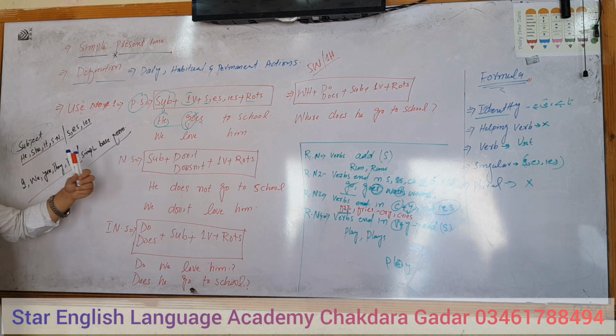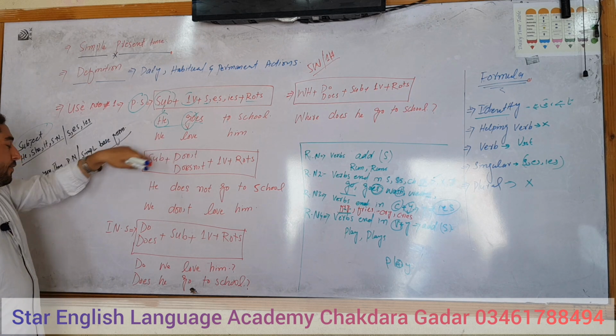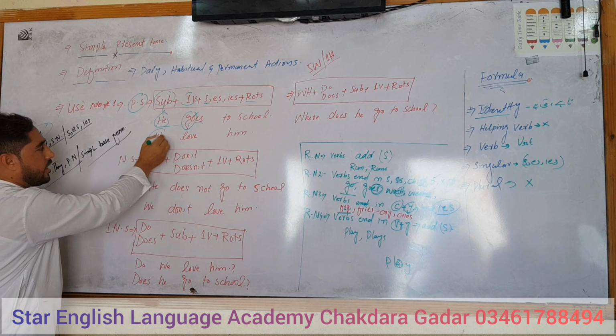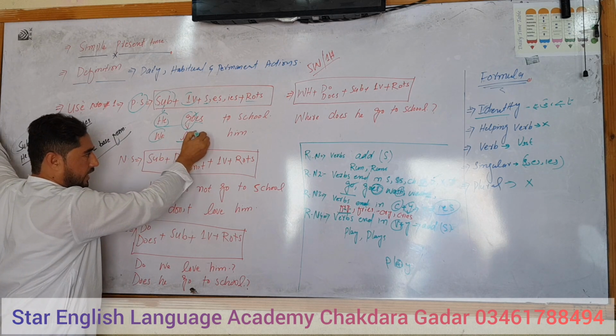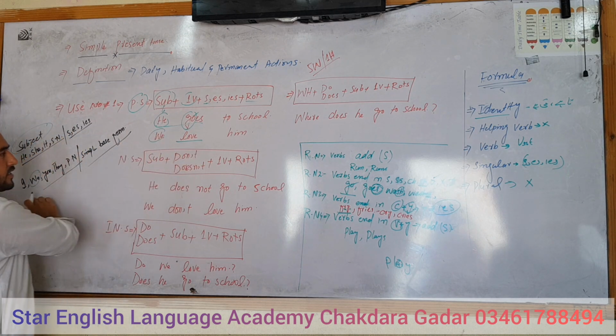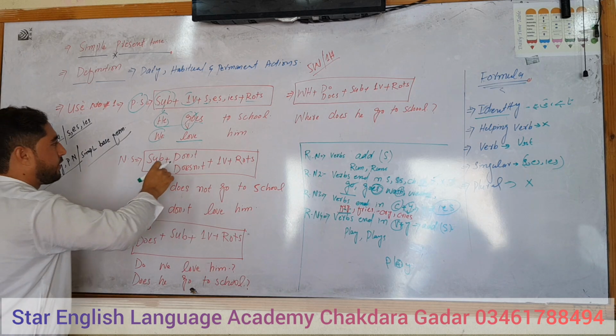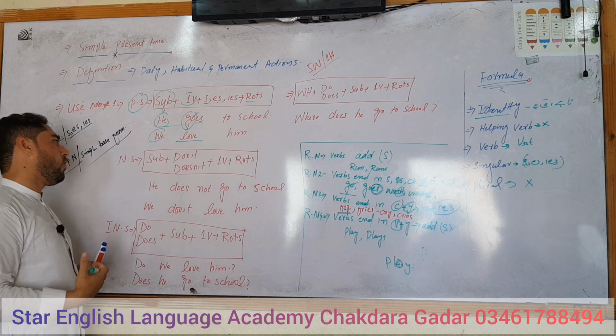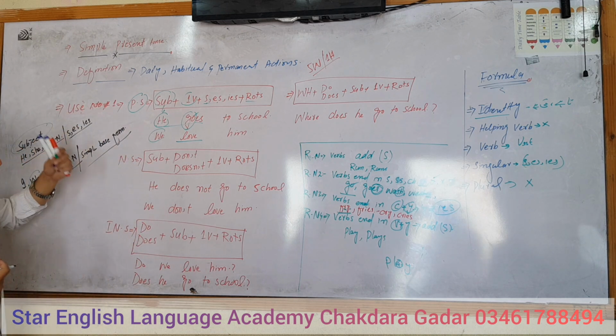The second one we wrote here we. We never add s or es or ies when the subject is in these words. We will never add s or es because the subject is we, and I told that before. So we love him, and you can make more sentences like these.